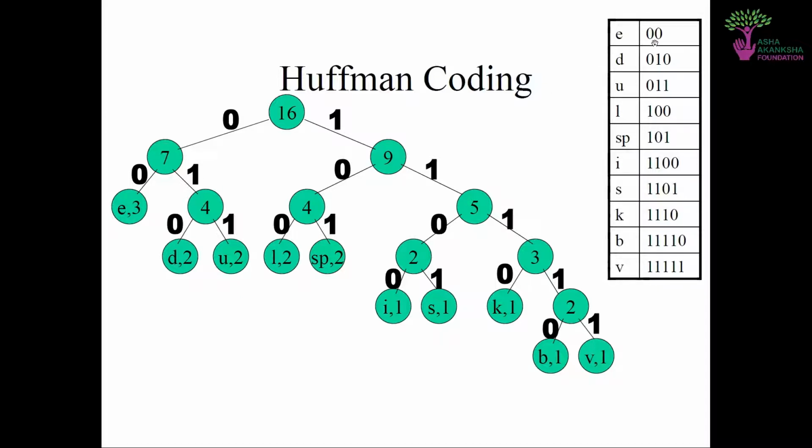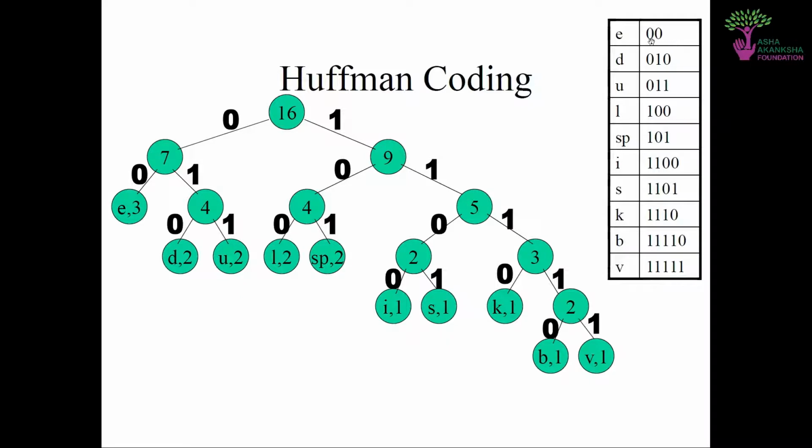E only takes up 2 bits, whereas the others which had one frequency take up a much larger number of bits. V has 5 bits, B has 5 bits. And the ones which had 2 frequency, which was in the middle, have an in-between number of bits. In this case, we are having 3 bits.